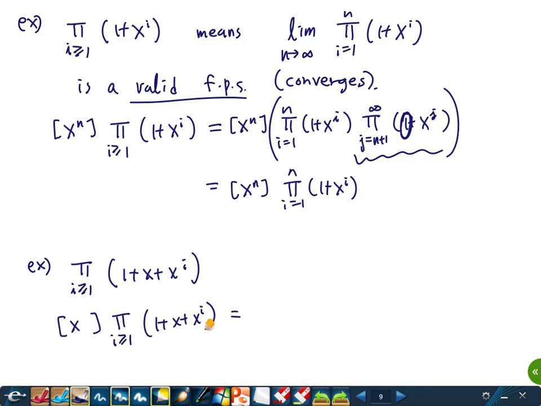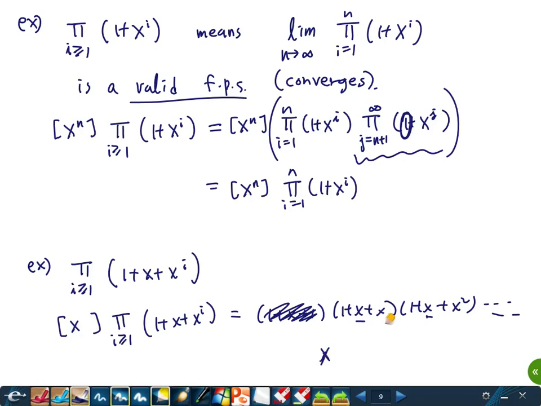Suppose you want to compute the coefficient of x. Basically it is like 1 plus x, 1 plus x squared. Oh yeah, actually i is from 0, 1. You can choose x here and 1s elsewhere, or here and 1s elsewhere, etc. There are infinitely many ways to select x to obtain x here. So it's not a formal power series.